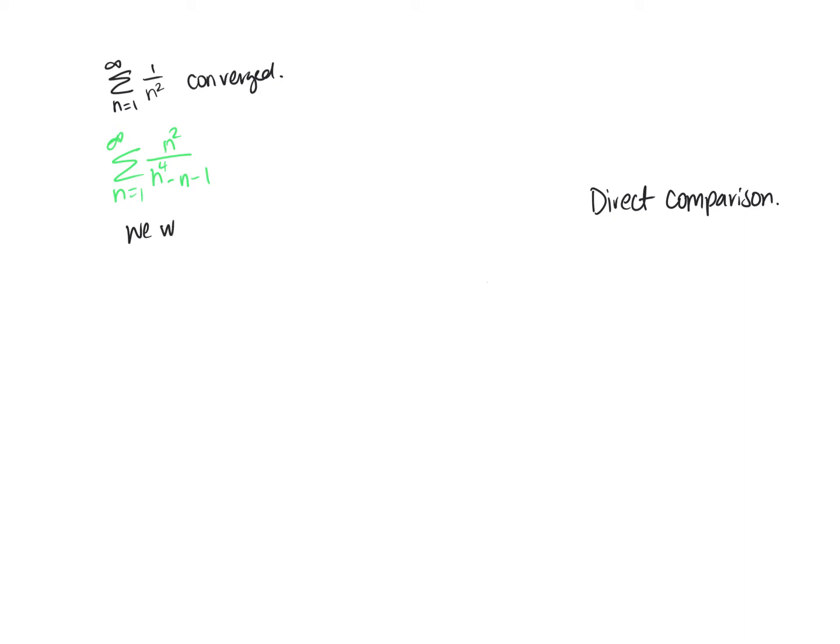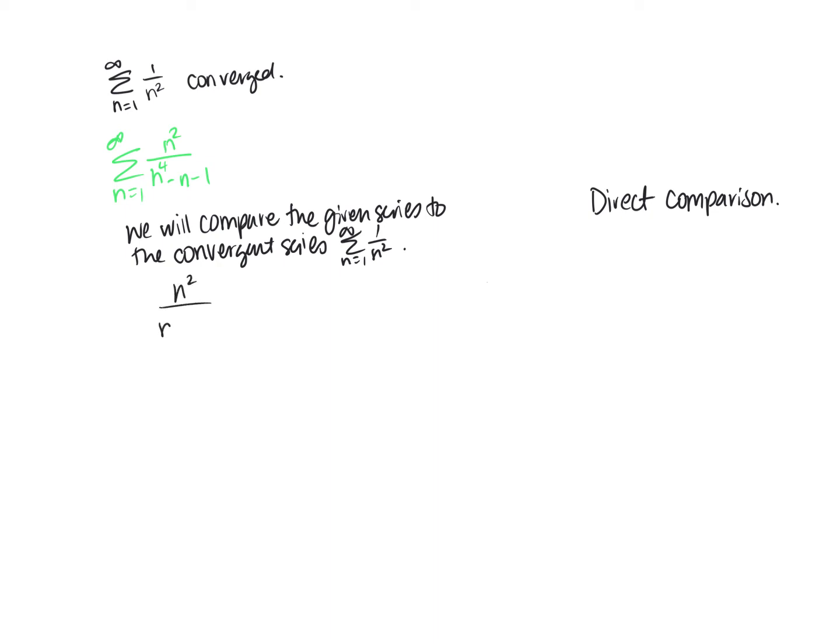So we will compare the given series to the convergent series 1 over n squared. So if I compare those, I get n squared over n to the fourth minus n minus 1, and I'm going to compare that to n squared over n to the fourth. So I'm just really looking at those dominant terms here to do this comparison.